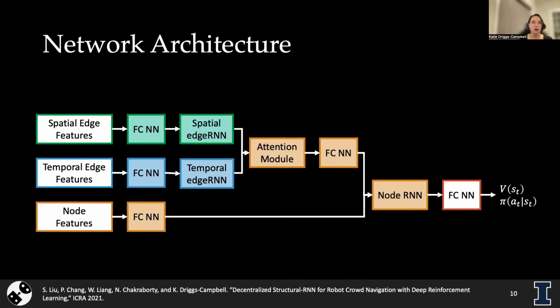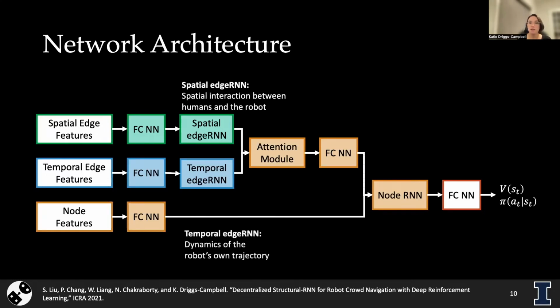So here's our network architecture. Again, we're taking this factor graph approach so we can learn the different factors independently, or not independently, but in particular. First we learn the spatial interactions between the humans and the robots.